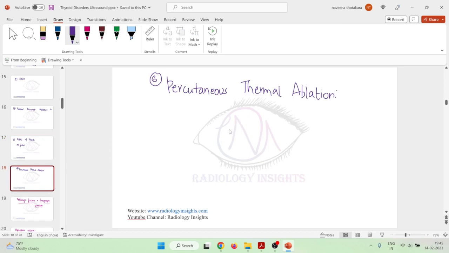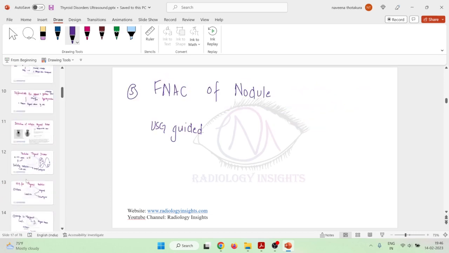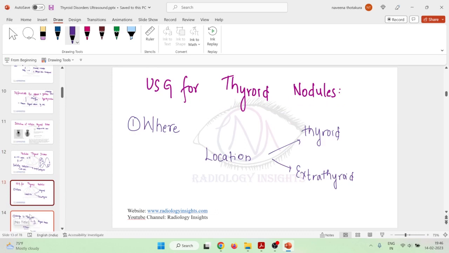Then percutaneous thermal ablation of thyroid nodules, parathyroid or lymph nodes can also be done with the help of ultrasound in nodular thyroid disease. So these are the important things that you have to see when there is an ultrasound of thyroid nodules.